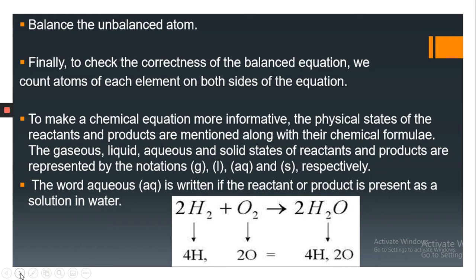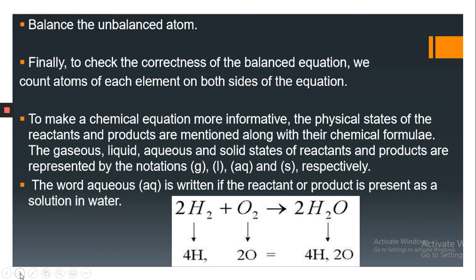To make a chemical equation more informative, we can express the physical states of the reactants and products along with their chemical formulas. Suppose it is gaseous, then we will represent the gaseous state by using a small g, and if it is a liquid state, then we represent it by using a small l.